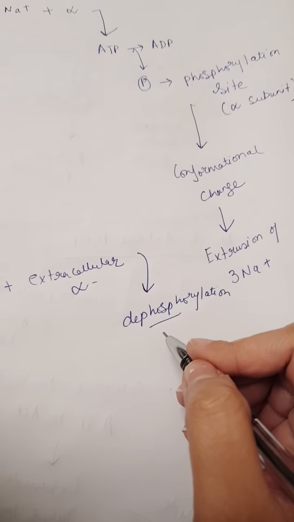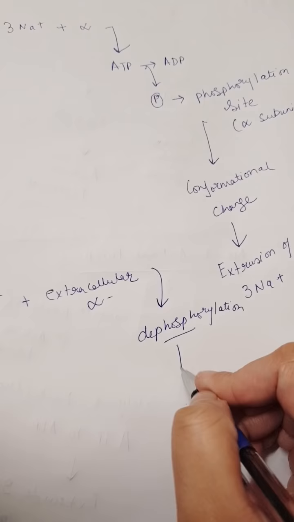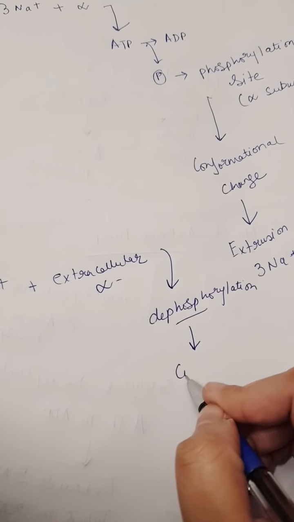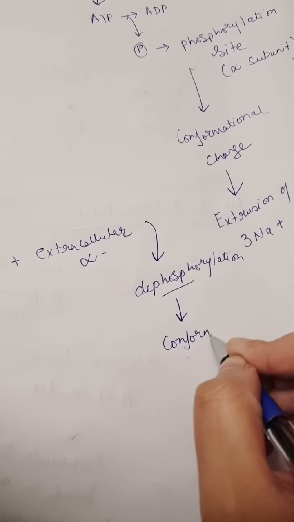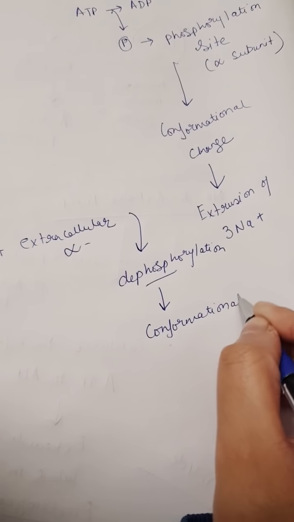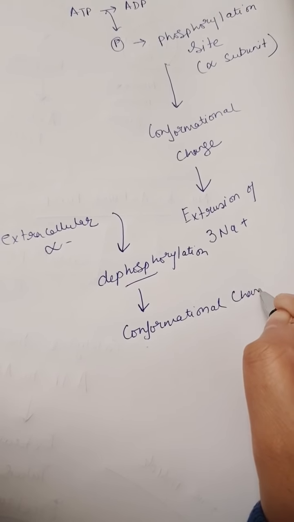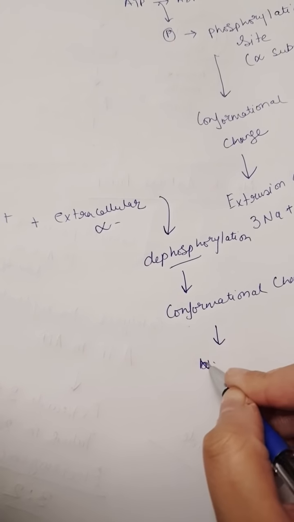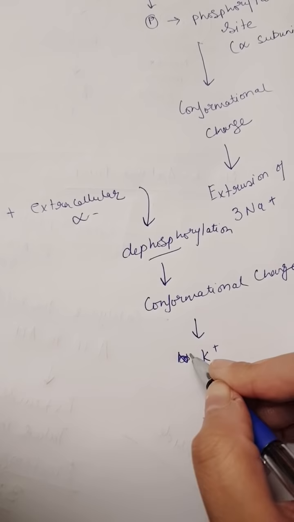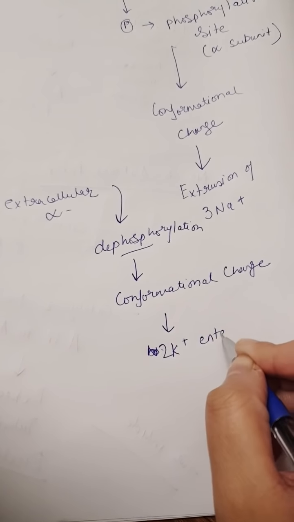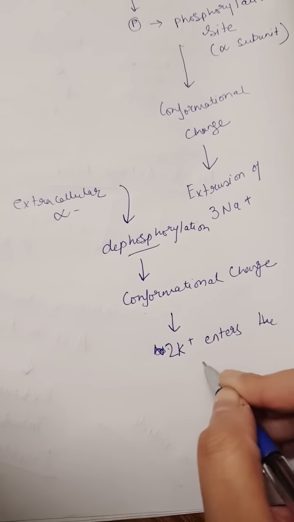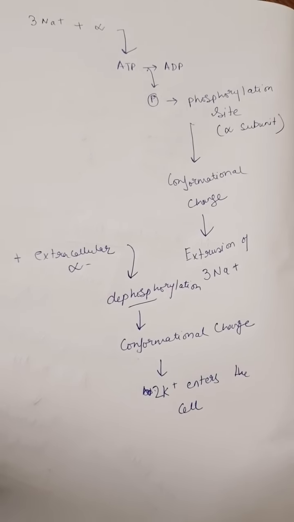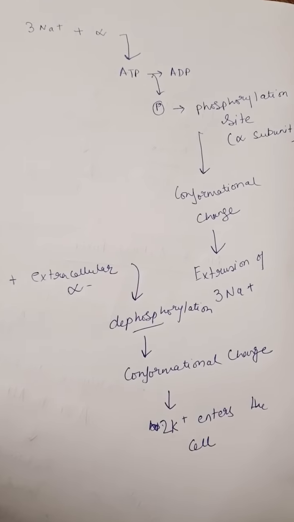This alpha subunit loses the phosphate. This leads to another conformational change, and the potassium enters the cell.